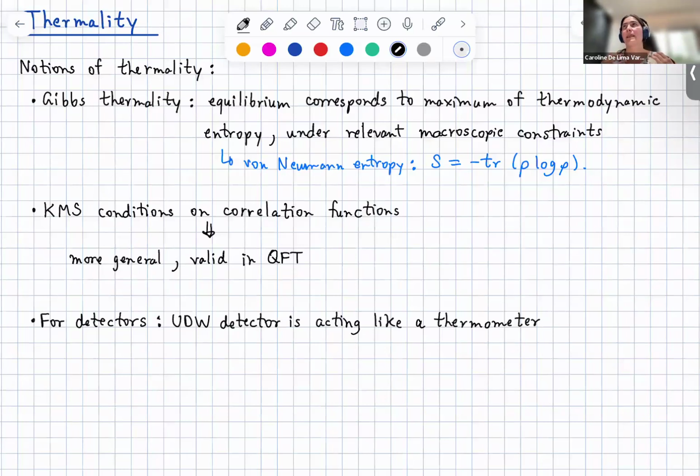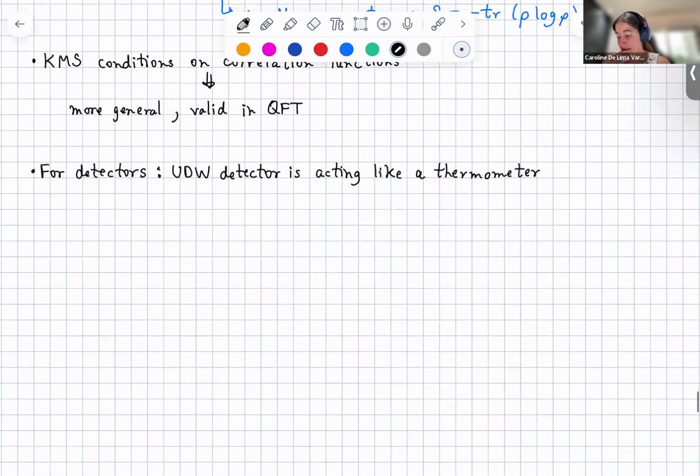Let me try to see how the detector is going to tell me whether it has thermalized or not. In terms of the detectors, I want to consider that this UDW detector is acting like a thermometer, right? So in order to do that, it should thermalize. What makes sense is that it thermalizes if in the long time limit it approaches a Gibbs state, okay?